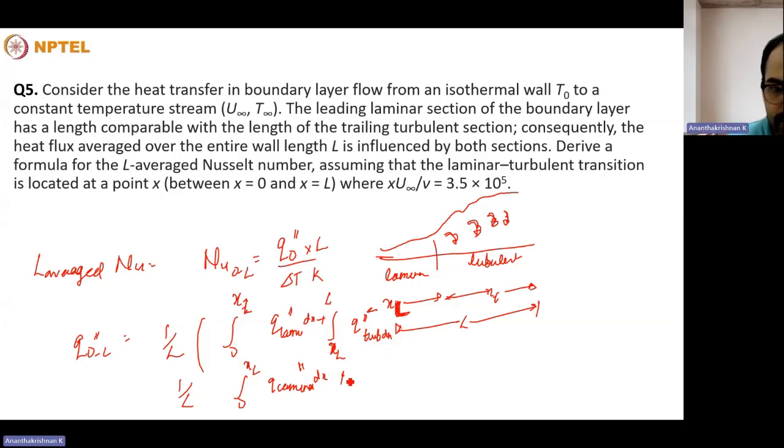Subtracting everything by XL, 0 to L will become L minus XL, which is equal to X turbulent, Q double dash turbulent dx. So this can solve half of our problems by doing this transformation.